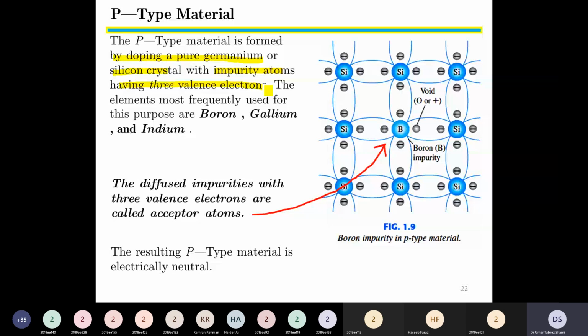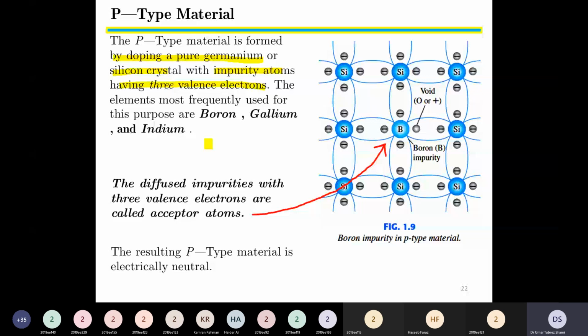We add atoms that are called trivalent atoms into pure silicon or germanium, and what we get is P-type material. These trivalent atoms can be boron, gallium, and indium. All of these elements have 3 electrons in the valence shell.